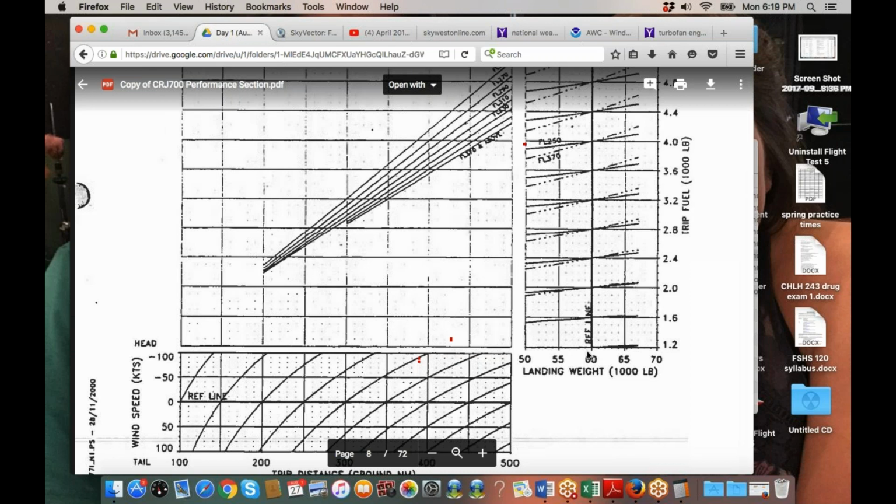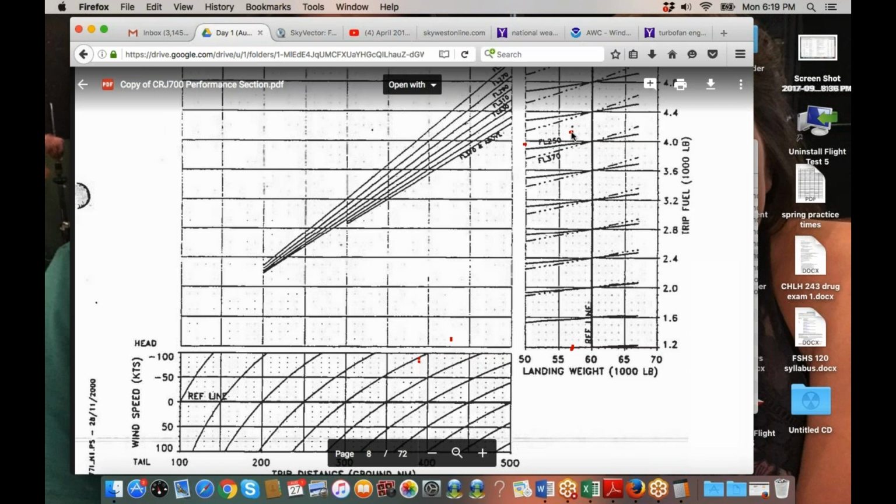Now we're looking at, what was our landing weight? I wrote down 57,000 pounds. All right, so we're probably going to be right around in here. So we'll take this on up and curve it up to follow these lines until we hit about 57,000.